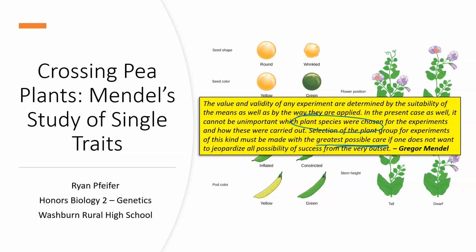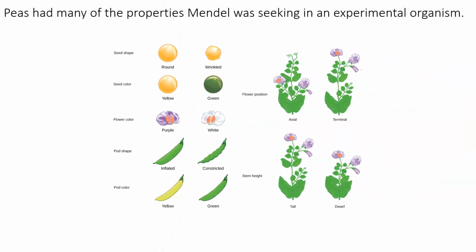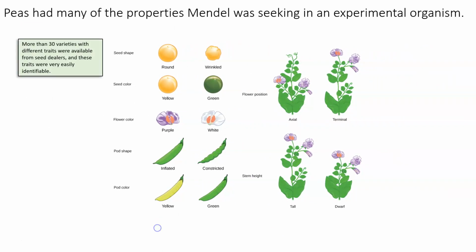And he did find much success, and much of his success was because of the fact that he chose pea plants from the onset. So, why peas? Peas had many of the properties that Mendel was looking for in an experimental organism. And so what are the properties that he was looking for?